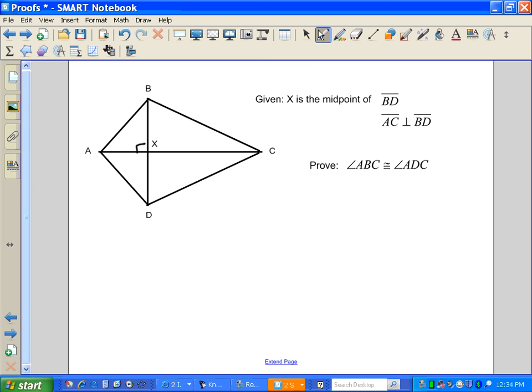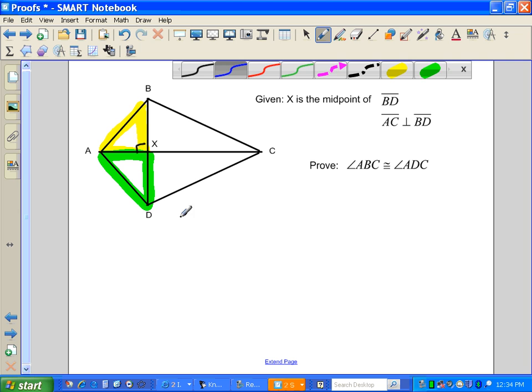What we're going to end up doing in this sort of situation is look at this triangle here as compared to this triangle here. First of all, try to prove what we can about those. So if we do that, statement, reason.